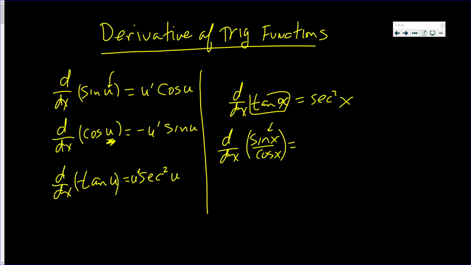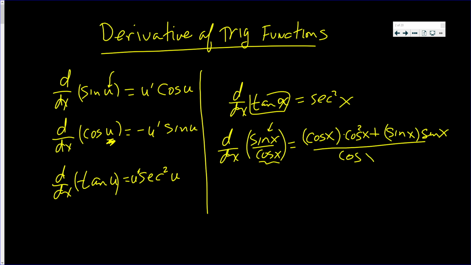The derivative of the top, the derivative of sine x, is cosine x times the bottom, minus the top, sine x, times the derivative of the bottom. Well, the derivative of cosine x is negative sine x. So that negative is going to make this symbol a positive. And this all gets divided by the bottom squared.